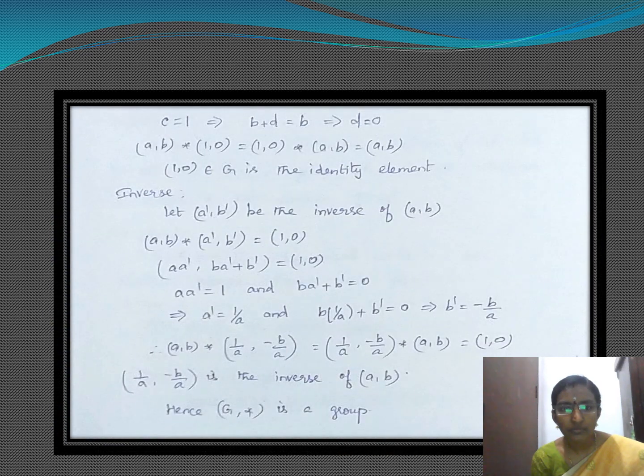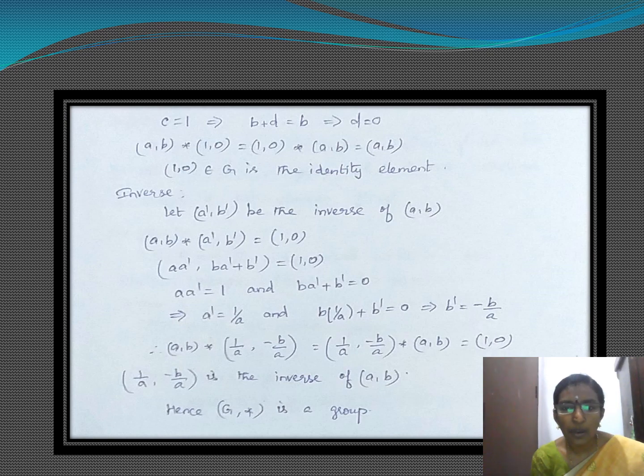From the above two equations, c equal to 1, b + d equal to b, which implies d equal to 0. Therefore, the element (1, 0) satisfies the identity property. Therefore, (1, 0) is the identity element.